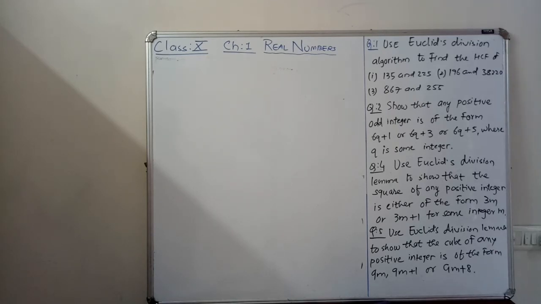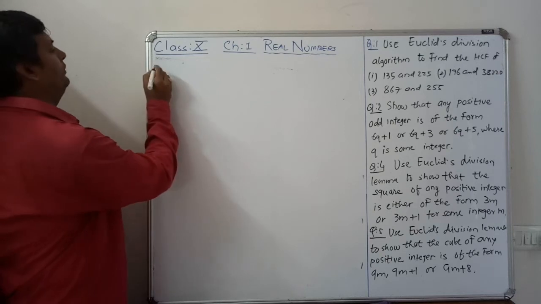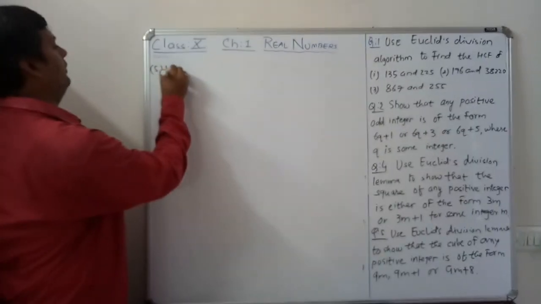Okay, so again let us consider an arbitrary positive integer x such that it is in the form of 3q, 3q plus 1 and 3q plus 2, right? Here also the division lemma is used. Okay, so again, the fifth one.